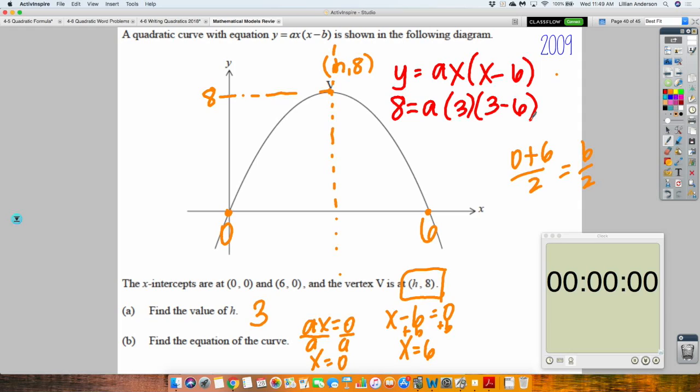What you have to do is use another point. Not your x-intercepts, because that's the form you're in. You have to use your vertex to find the value of a. Plug it in. Plug in 8 for y and 3 for x. Everyone do that now on your desk and find a.